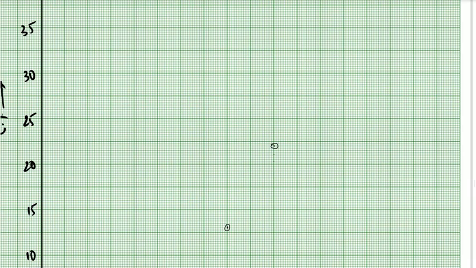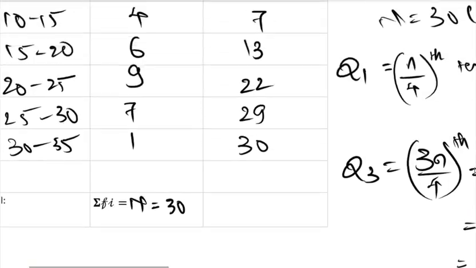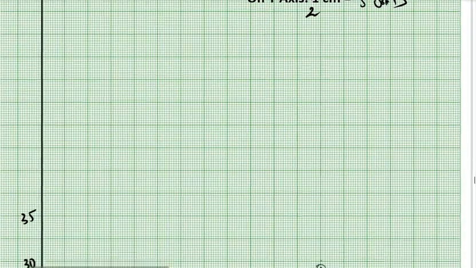So 29 will be 4 lines below 30. So this is your 30 over here, right? So 4 lines below this: 1, 2, 3, 4. Okay, got it over here, right? So this is 30 versus 29, and the next thing will be 35 versus 30.